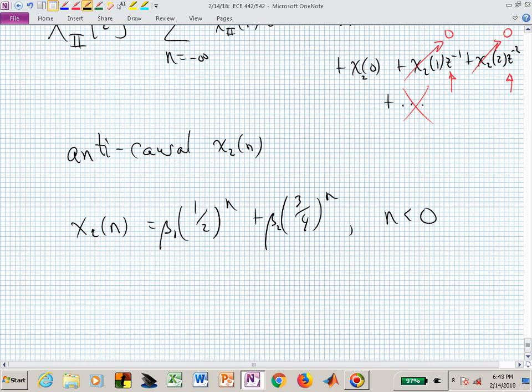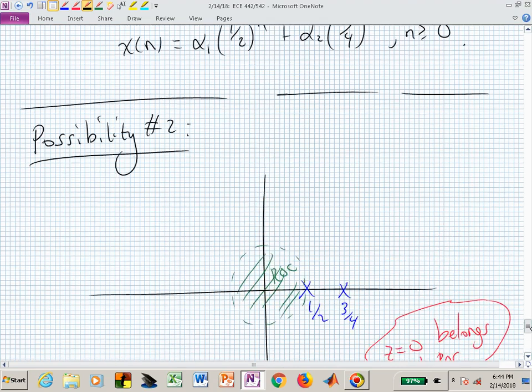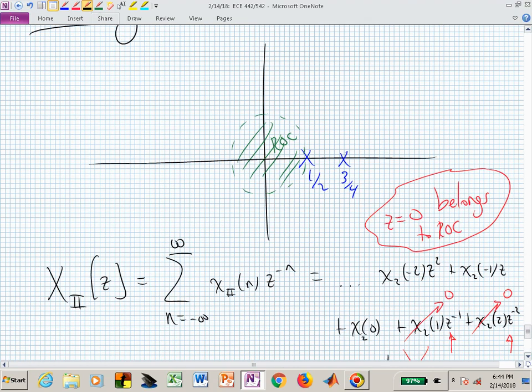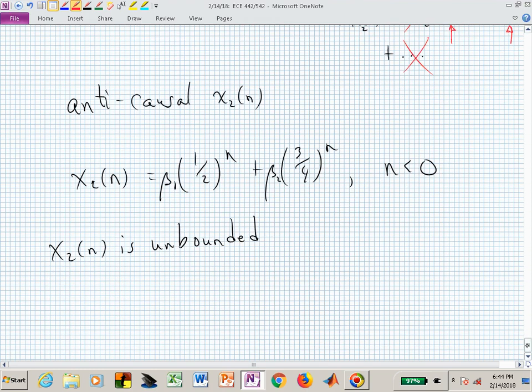So this now says that x sub 2 of n is unbounded. Where's our unit circle here? Is it in the shaded region? Is it in our region of convergence? No. So that's consistent with our determining that x sub 2 of n is unbounded.